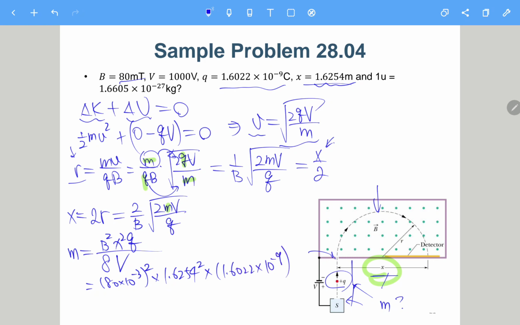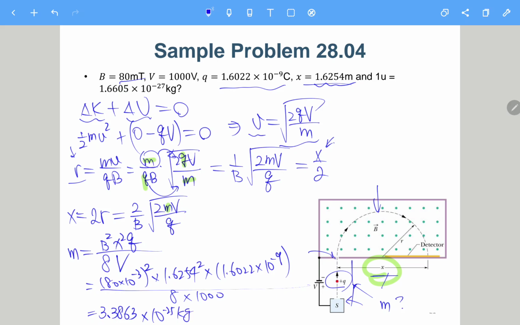Okay, no need to square, and then over 8V, where V is 1000 volts. Okay, so finally m will be 3.3863 times 10 to the negative 25 kilograms.